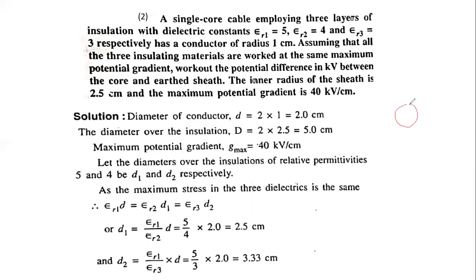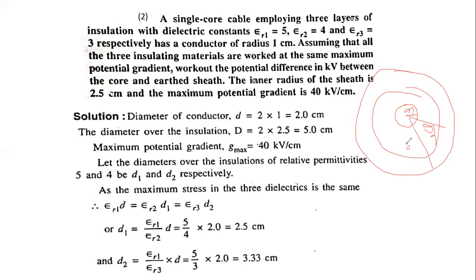This is the conductor, this is R1, and this is the sheath diameter, and another sheath diameter, R1, R2, R3. Therefore, we calculate the conductor diameter from d is equal to 2 into R.